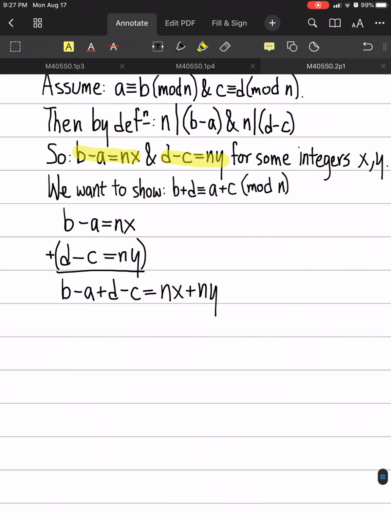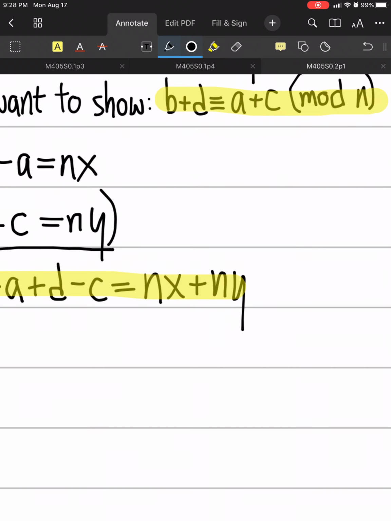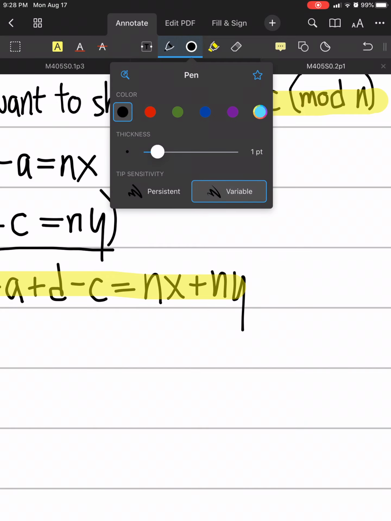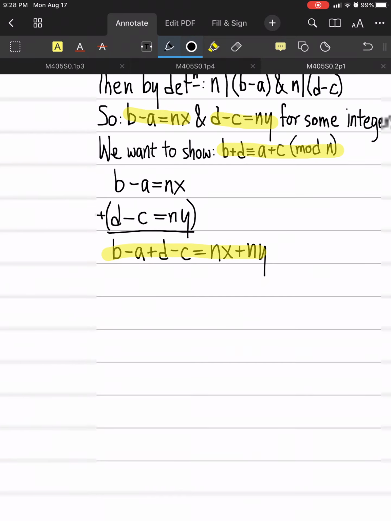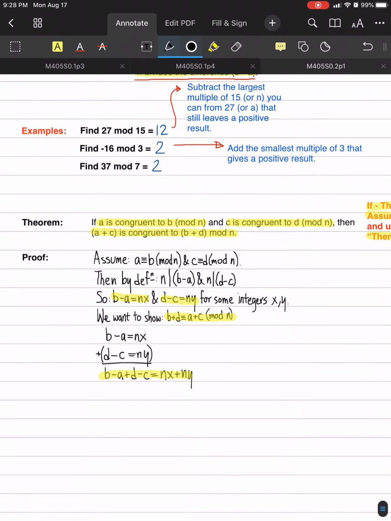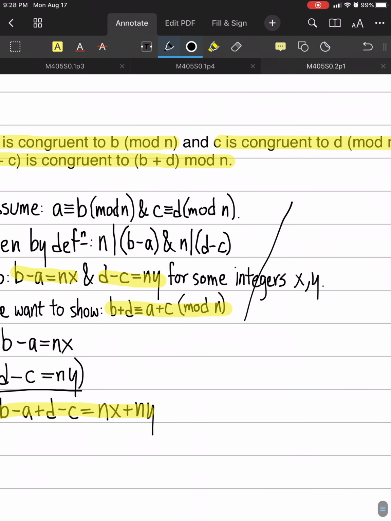Okay, now, one more step here. Remember, we want to show B plus D is congruent to A plus C mod n. So what we're going to do is rearrange the statement that we just found. Oh, I actually reversed those, didn't I?